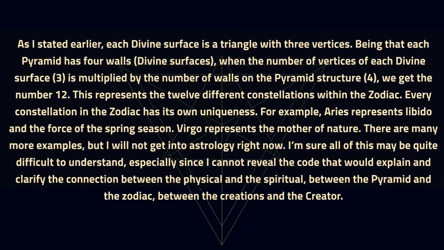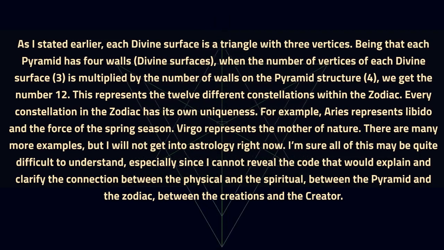As I stated earlier, each divine surface is a triangle with 3 vertices. Being that each pyramid has 4 walls, or divine surfaces, when the number of vertices of each divine surface, 3, is multiplied by the number of walls on the pyramid structure, 4, we get the number 12. This represents the 12 different constellations within the zodiac.